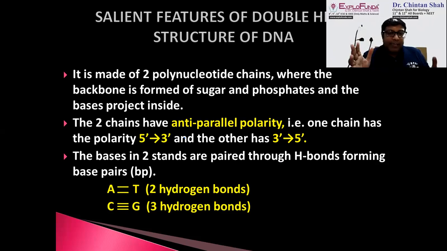So just think about a staircase. It has supports, this is one support, this is another support. Those supports are made up of what? Sugar and phosphate. And what is present in between them? I'm putting my digital pen in between them, and this is known as nitrogen bases.